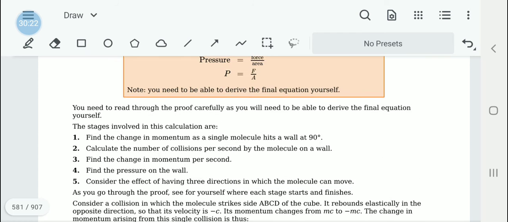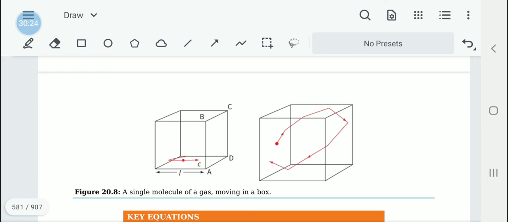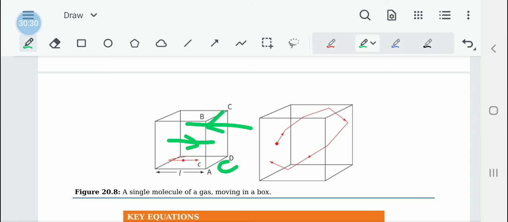I hope you can remember. Because it collides on the wall in this direction, it is c. Then when it rebounds, it is negative c, right?